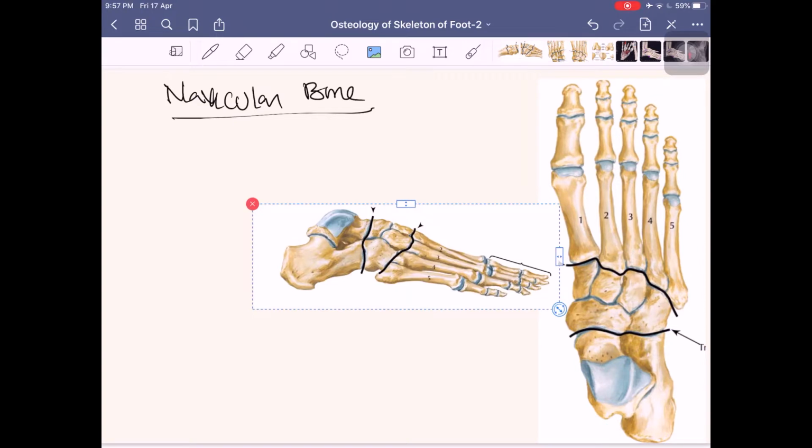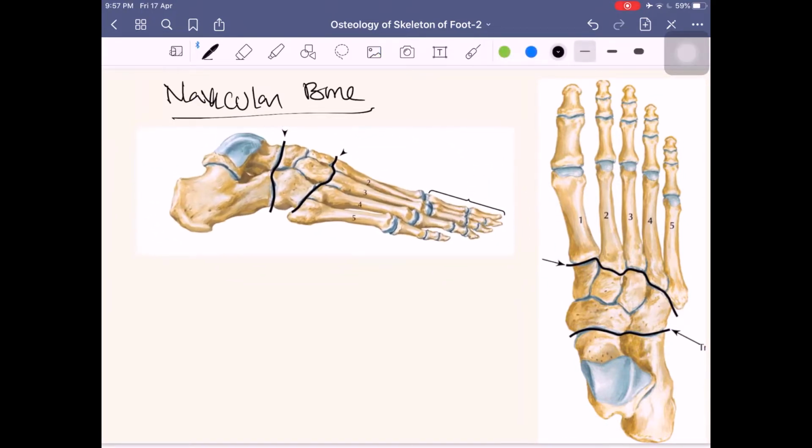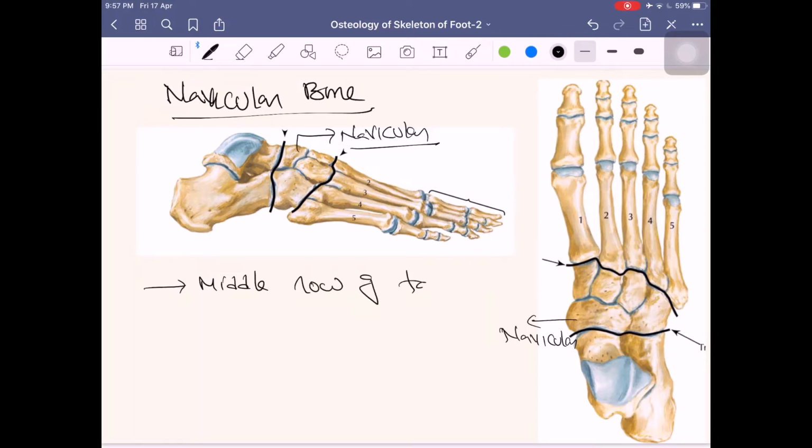In this particular view and this view, you can see this is the navicular bone, and here this is the navicular bone. It belongs to the middle row of tarsal bones.